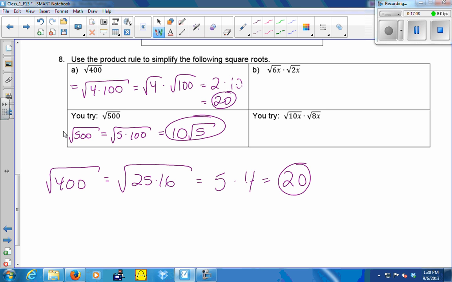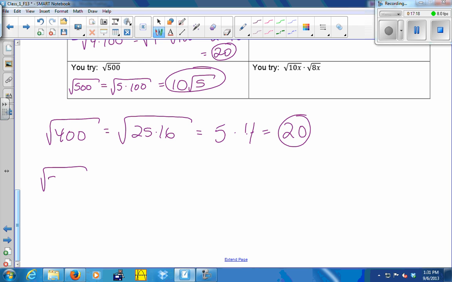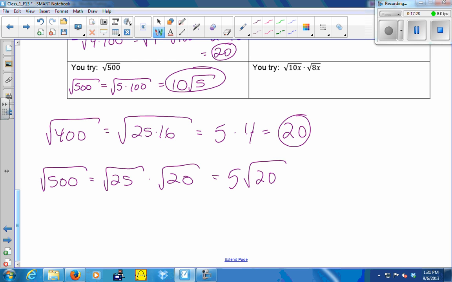Anybody do this one differently? Yeah, what'd you do? Times square root of 20, okay. So square root of 500, rewrite as the square root of 25 times the square root of 20. Square root of 25 is 5. And did you stop here?